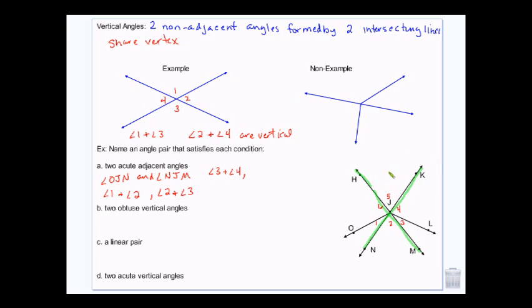Well, my obtuse ones are going to be the large ones. So it is going to be HJN and KJM.